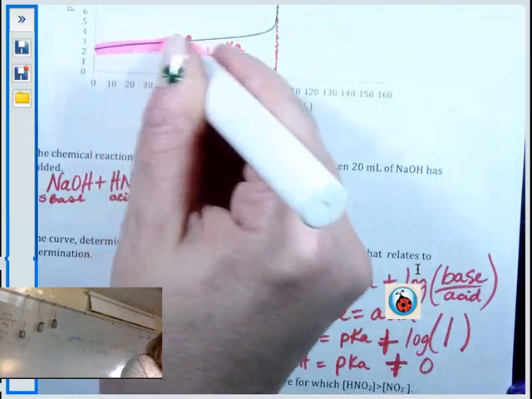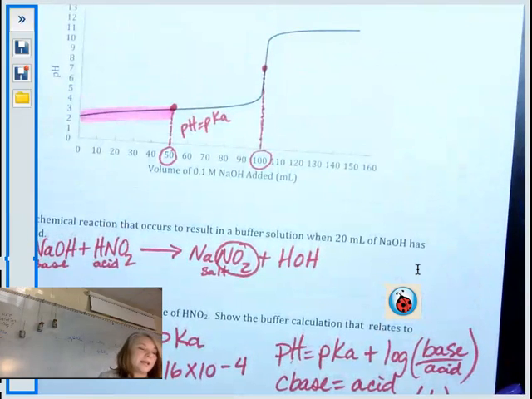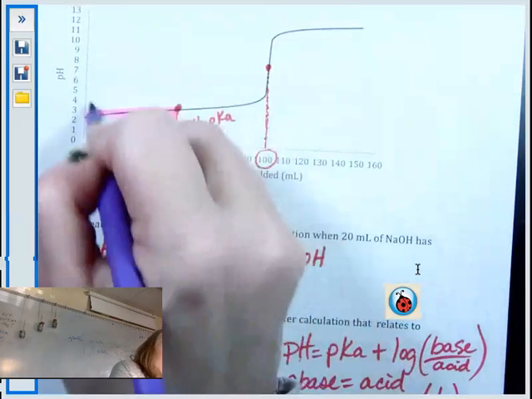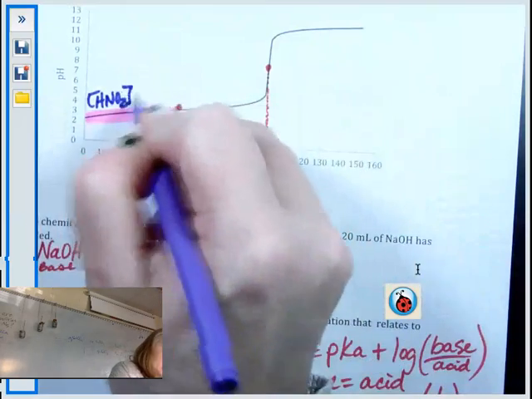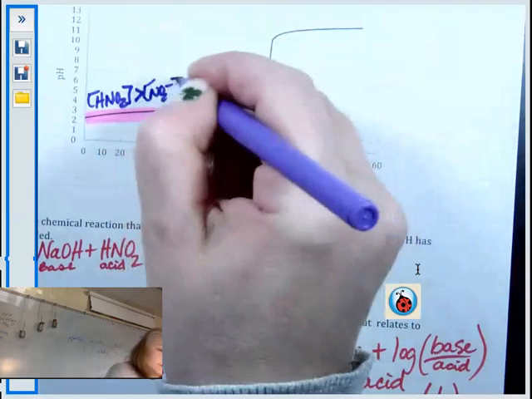It's right there. They're equal, aren't they? And so once you pass that equal point, then what happens to them? Who's bigger? The base is bigger than the acid. Okay, so this point from there to there is where HNO2 is greater than NO2 minus.